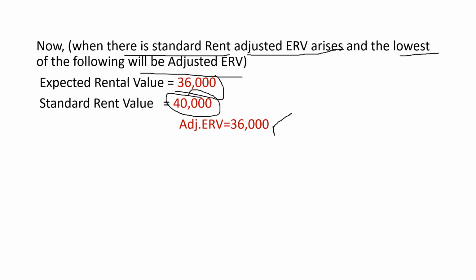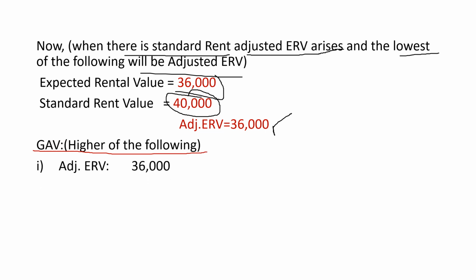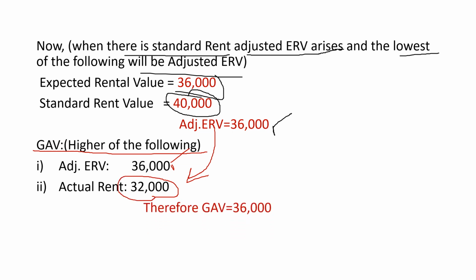Now GAV is higher of the following. Adjusted ERV is 36,000. This one we have taken. Next, actual rent is 32,000. These are all the amounts given in the question except adjusted ERV.